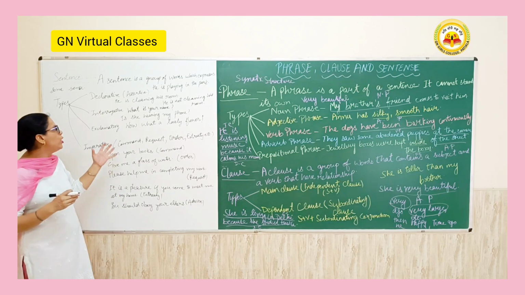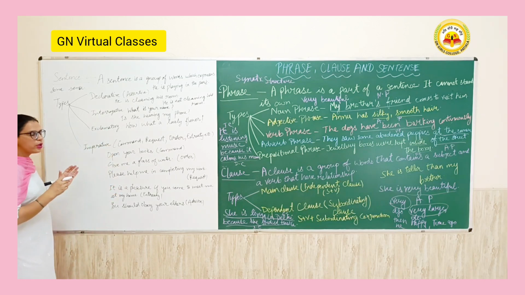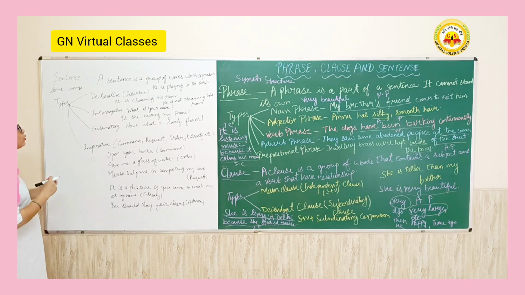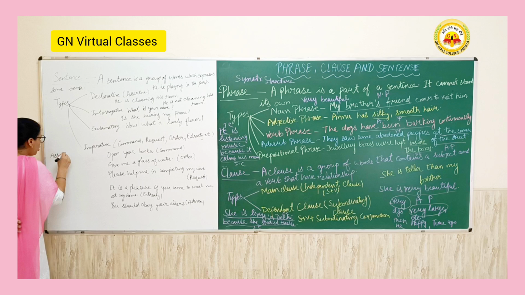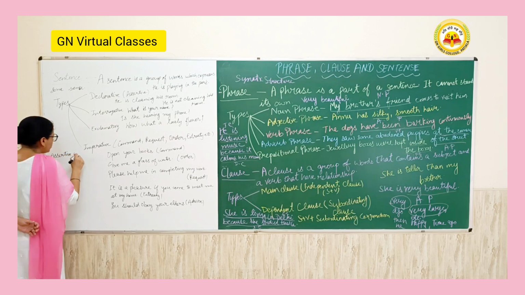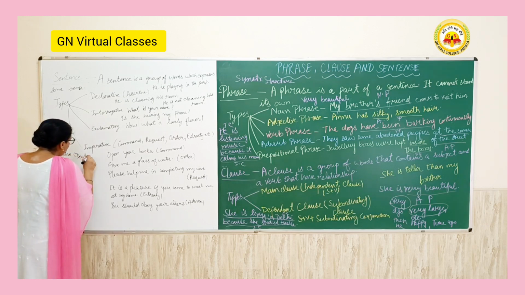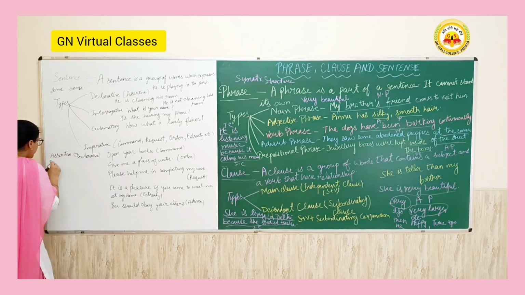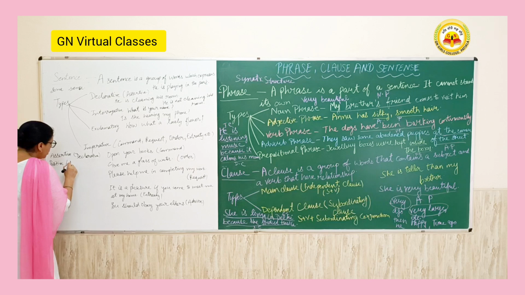The questions from this part are asked like this. You have to convert an assertive or declarative positive sentence into negative. Positive into negative.